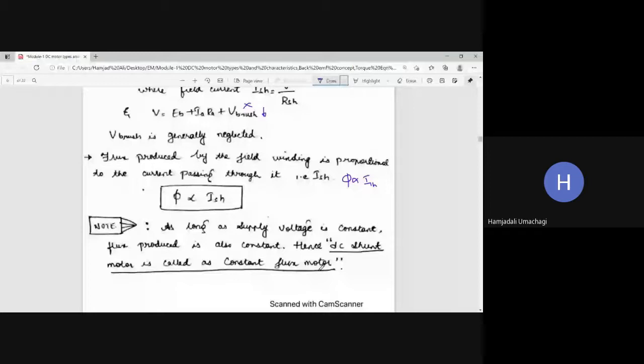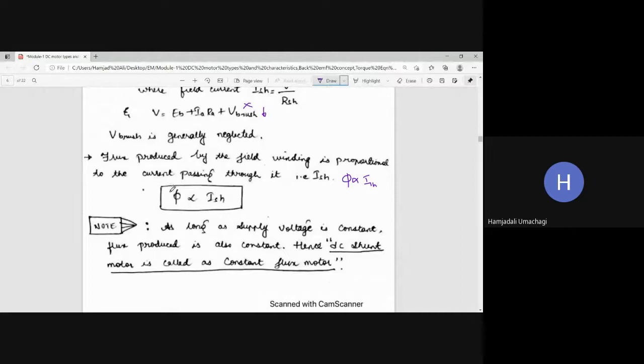In the viva, we may be asked which machine is called a constant flux machine among DC machines. Then your answer should be the DC shunt motor. The reason is very simple: until and unless we maintain the supply voltage constant, the flux will be constant. If we vary the voltage, then automatically Ish will change, and if Ish changes, then flux will change.